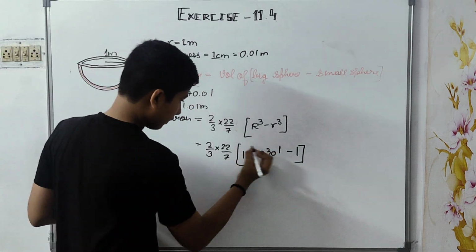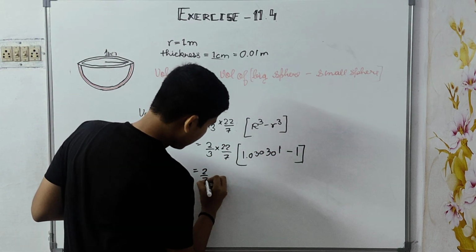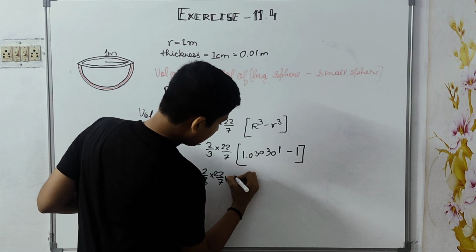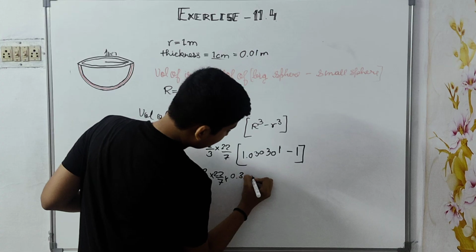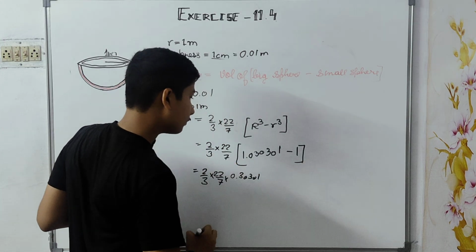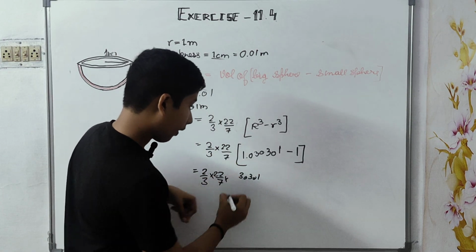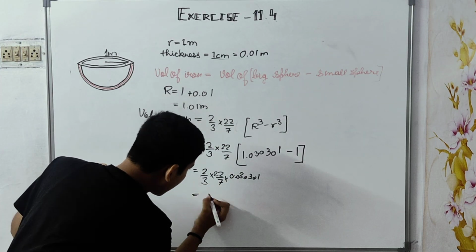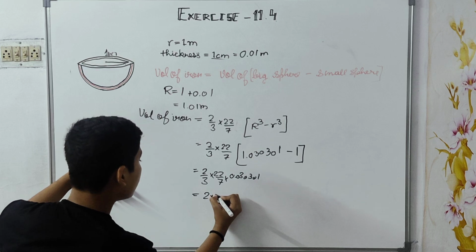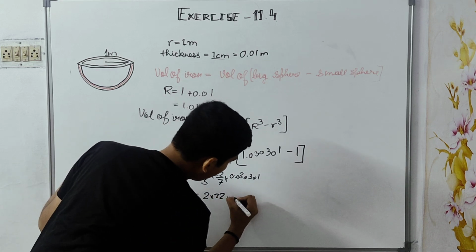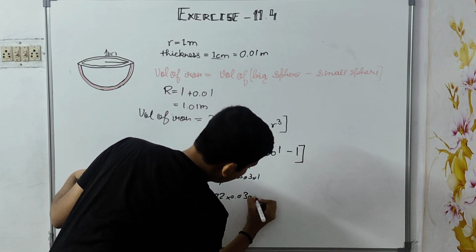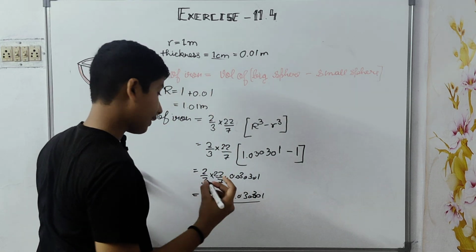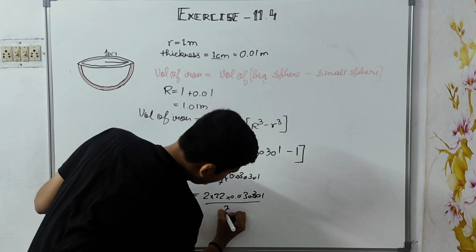When we solve this, we get 2 by 3 into 22 by 7 into 0.030301. When we solve this, we get 2 into 22 into 0.030301 divided by 21.